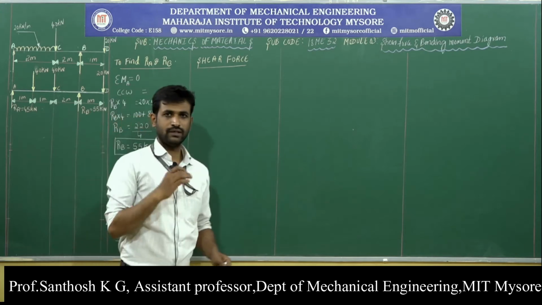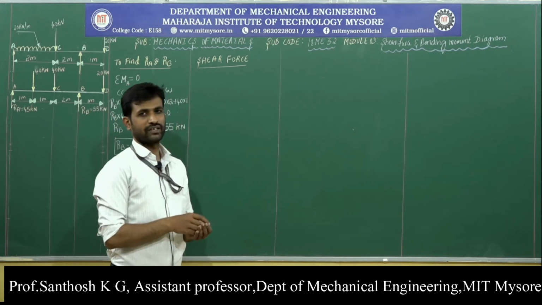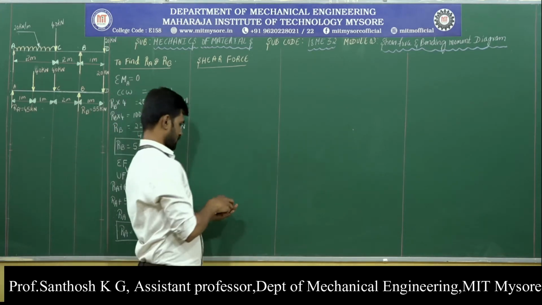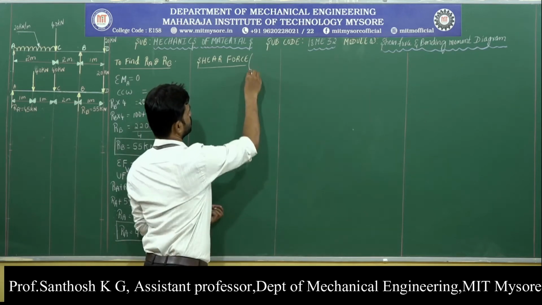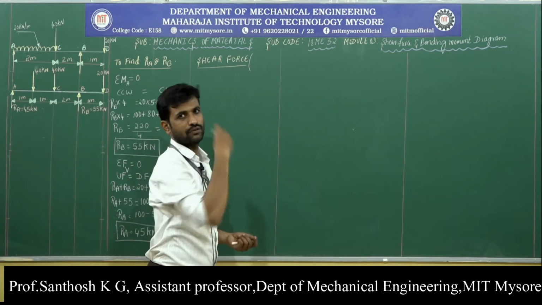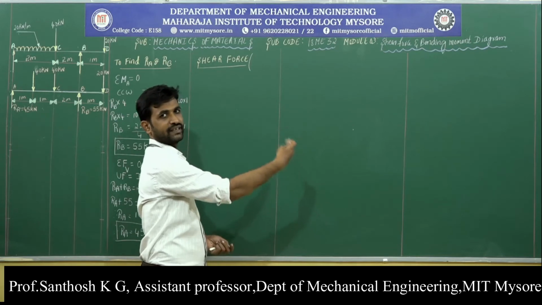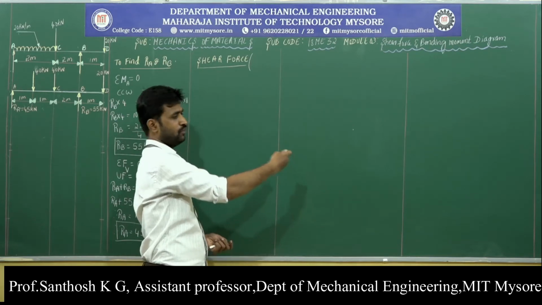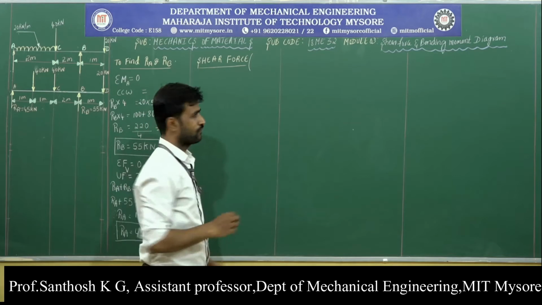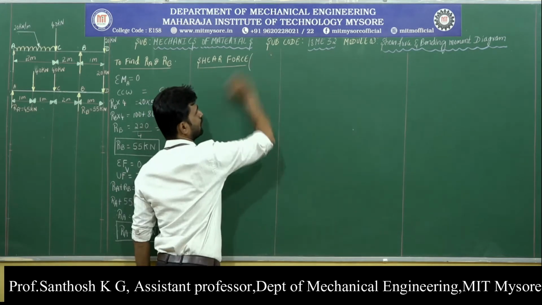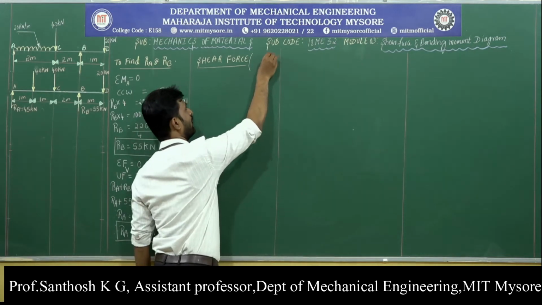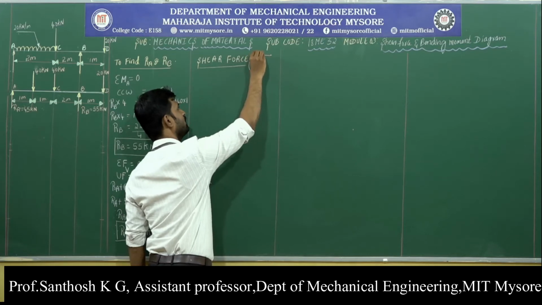To find the shear forces, what is the convention we are going to use? We always move from the extreme right side of the beam to the extreme left end of the beam. So we start from the right end and move towards the left end.